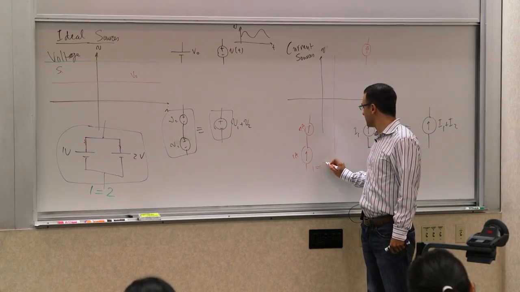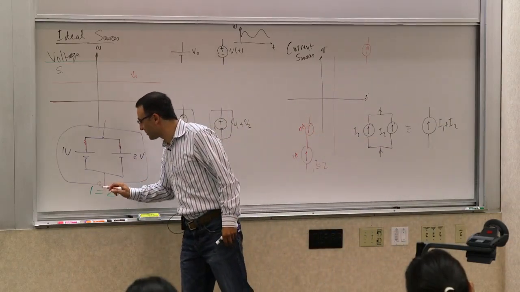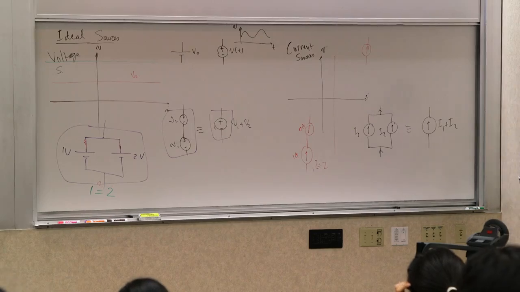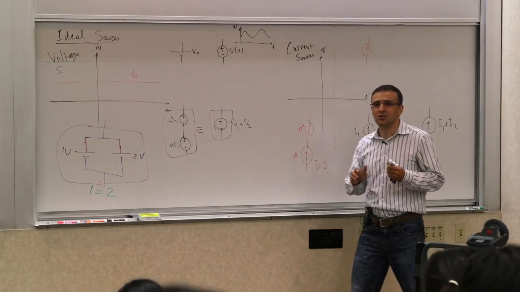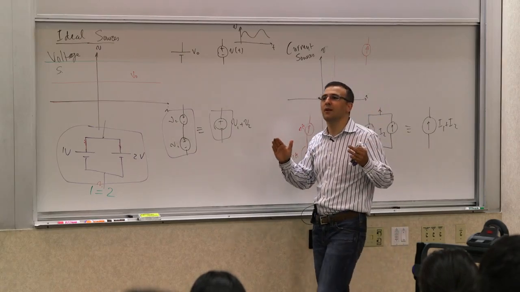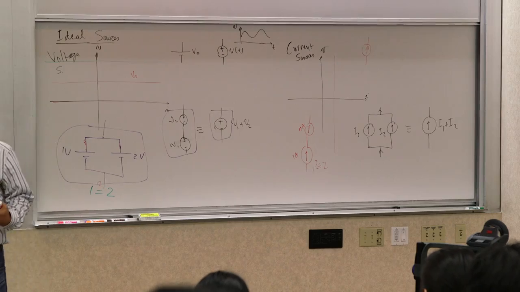And the KCL implies 1 equals 2. I should put question marks here in case somebody shows up later. All right? Does it make sense? So do not fall into this trap. Do not fall in the traps that are set by yourself when you define a mathematical abstraction. You have to know what the assumptions are.